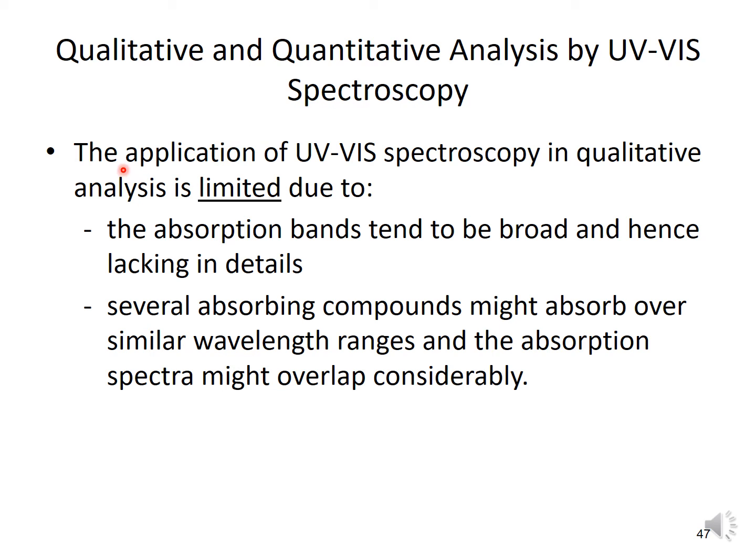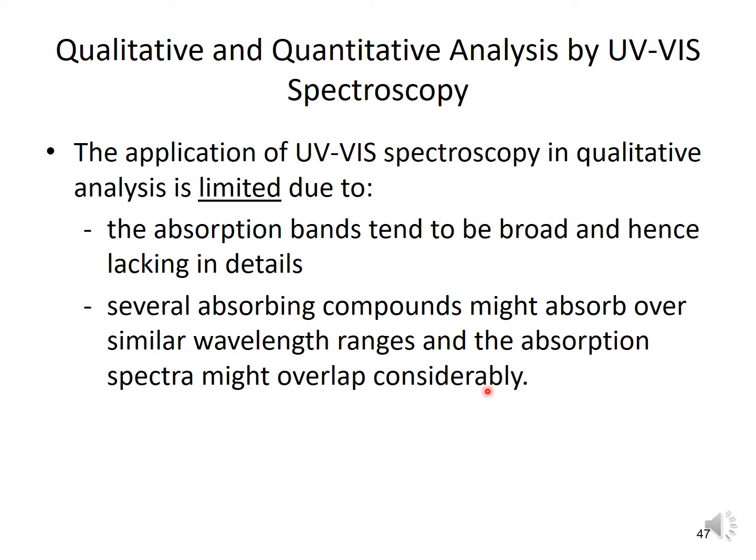Basically, the application of UV spectroscopy in qualitative analysis is limited, because the absorption bands tend to be broad and hence lacking in detail. Next, several absorbing compounds might absorb over a similar wavelength range, and the absorption spectra might overlap considerably.